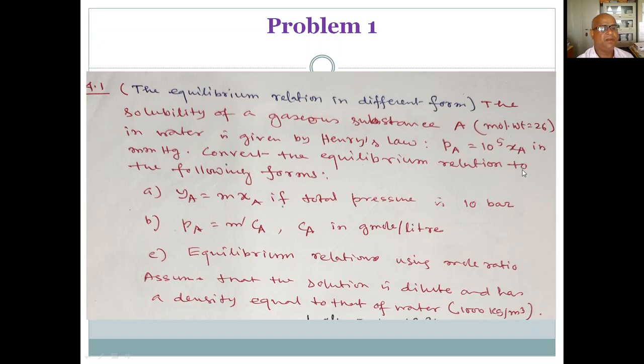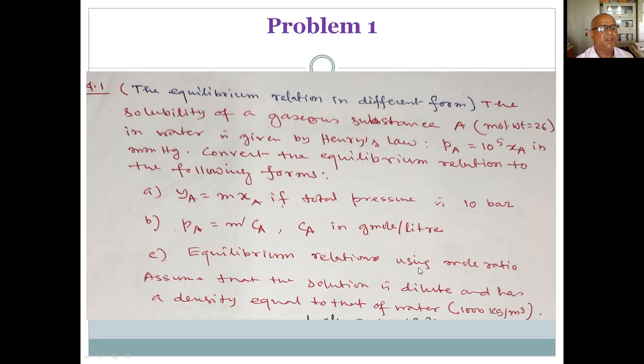Convert the equilibrium relation to the following forms. A: YA, that is the mole fraction of A in gas phase, equals M into XA, the mole fraction in liquid. What will be the value of M if the total pressure is 10 bar? B: PA the same, but in terms of CA, what will be its Henry constant, where CA is gram mole per liter.